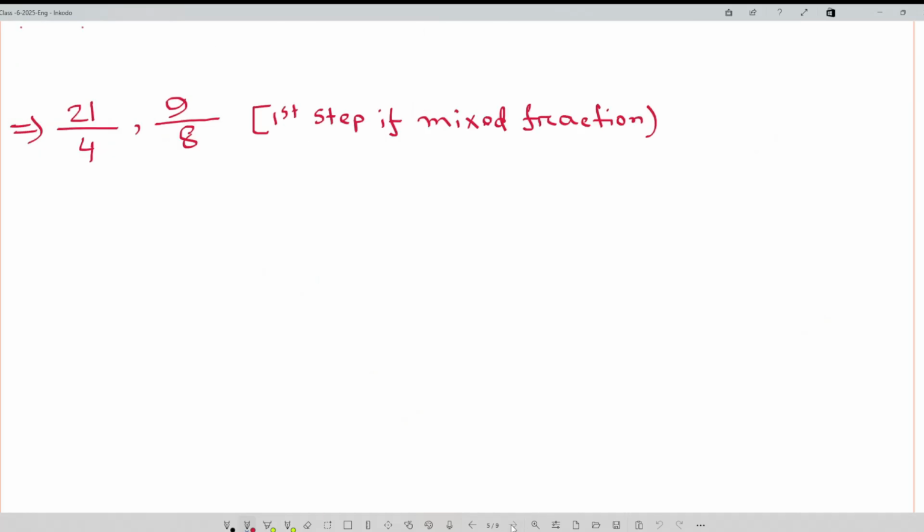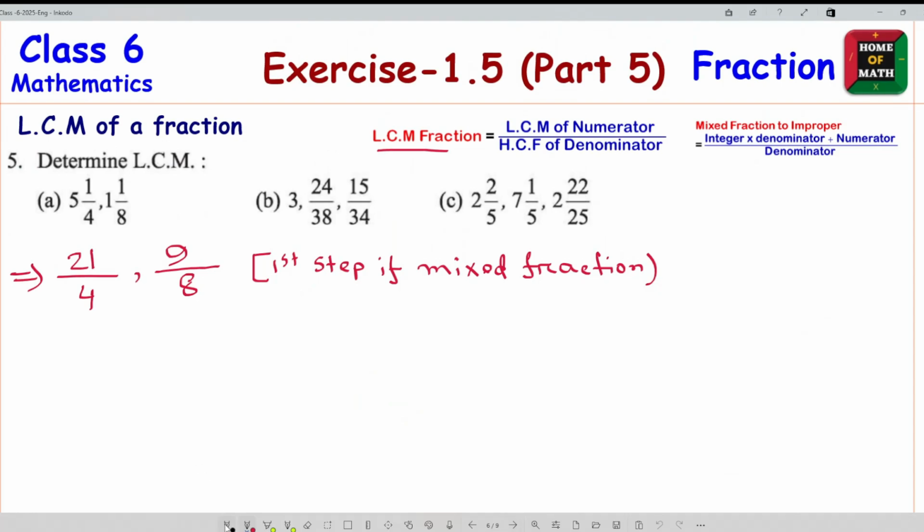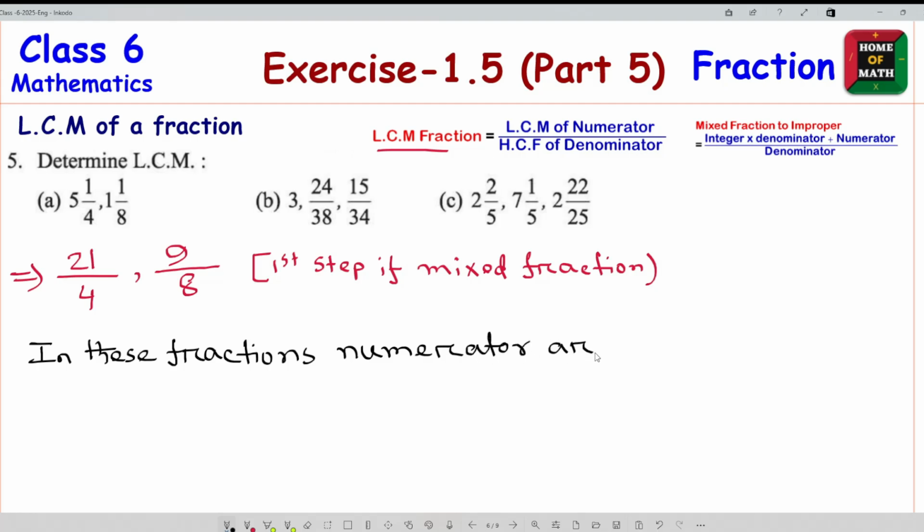So here is also same, we should write like in these fractions numerator are 21 and 9.